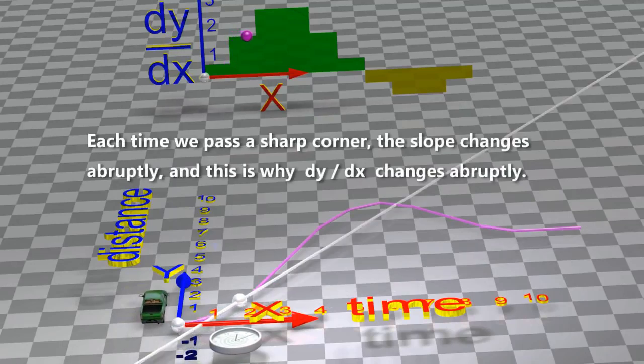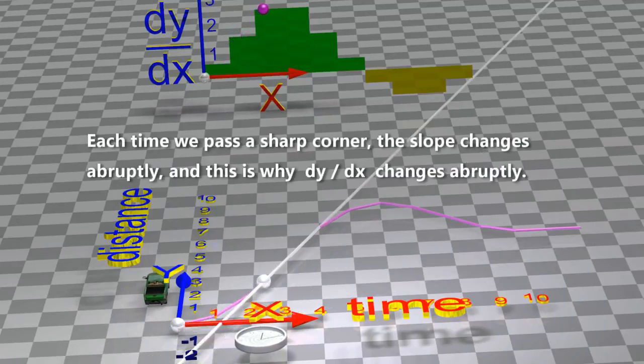Each time we pass a sharp corner, the slope changes abruptly, and this is why dy divided by dx changes abruptly.